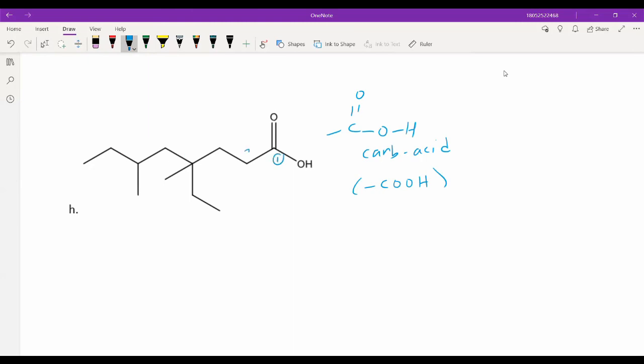So you have the longest chain being this one here. And just have some substituents that we would normally name the same as if they were just on an octane chain. So we'd have 1 ethyl and 2 methyls, ethyl going first: 4-ethyl, 4,6-dimethyl.